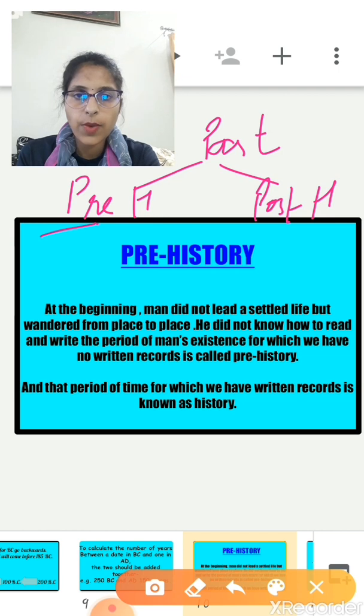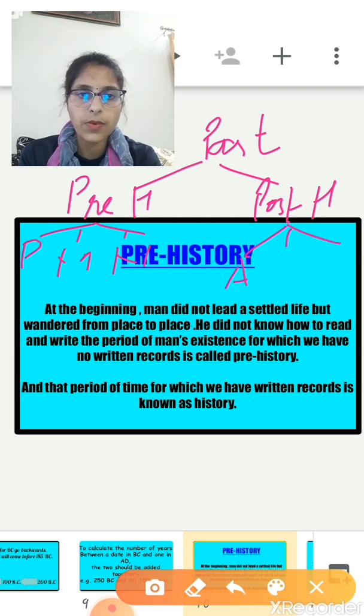Prehistory is further divided into three: the Paleolithic, the Mesolithic, and the Neolithic. Post history is further divided into three: first the ancient, second the medieval, and third the modern.